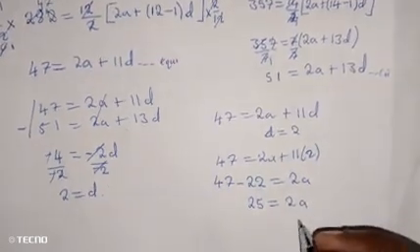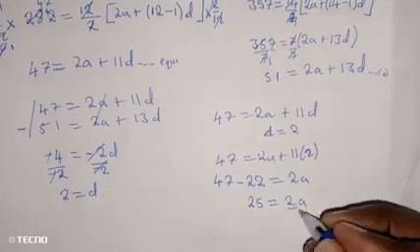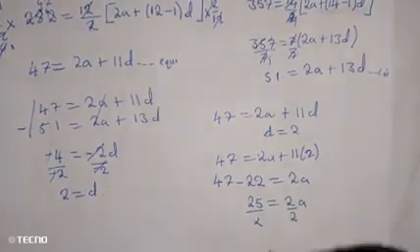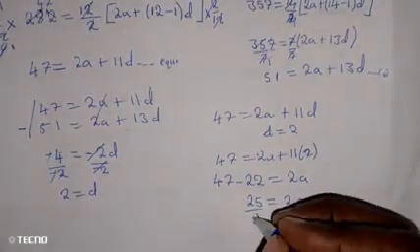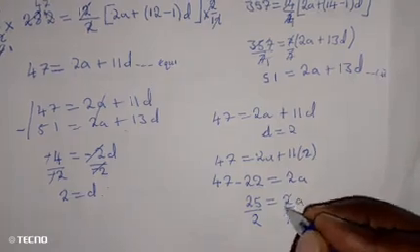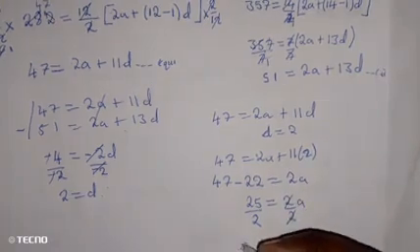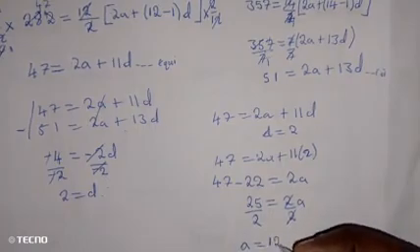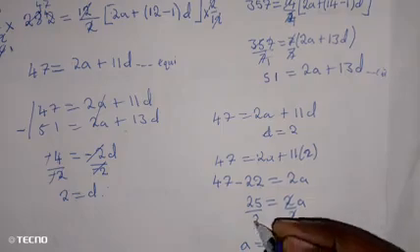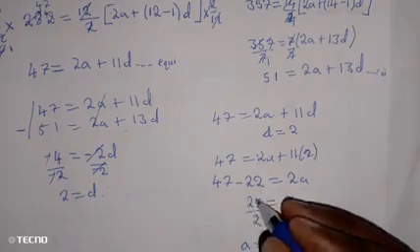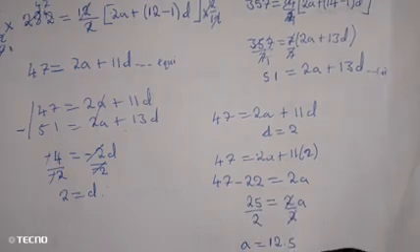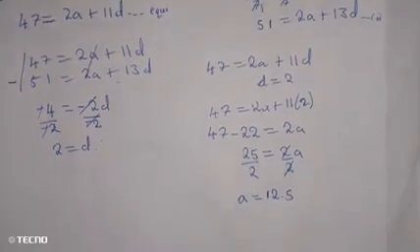Then we divide by 2 on this side and by 2 on the other side. After dividing, our a is equal to 12.5. Two into 25 is 12, remainder 1, which gives us 12.5 as our first term.